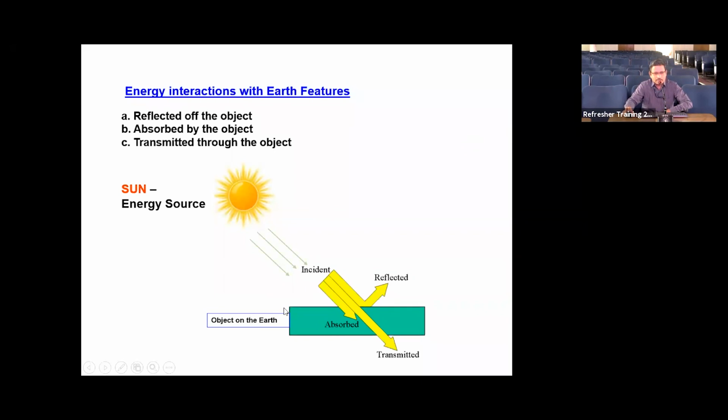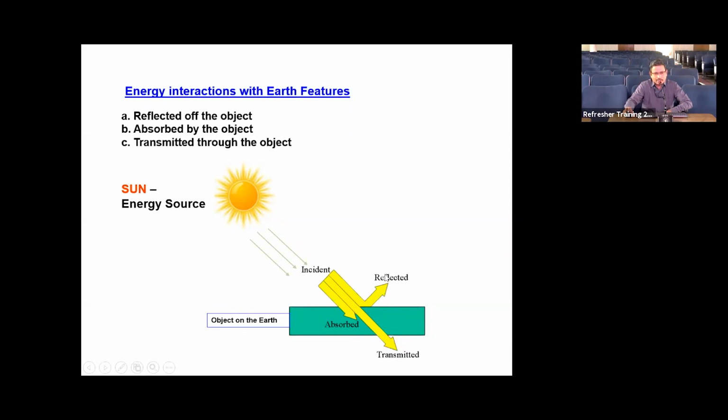On the earth surface we have a number of objects, and once the energy interacts with or touches the object, it undergoes three physical changes. A part of the energy may be absorbed by the object itself, or the energy may be transmitted through the object, or energy may be reflected from the object.